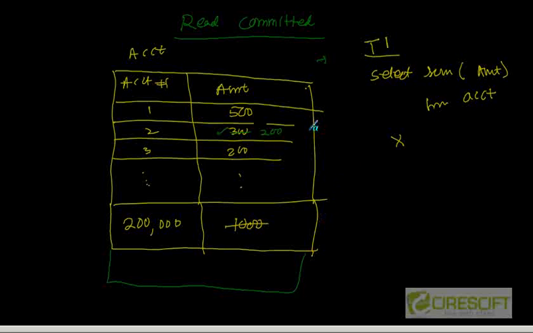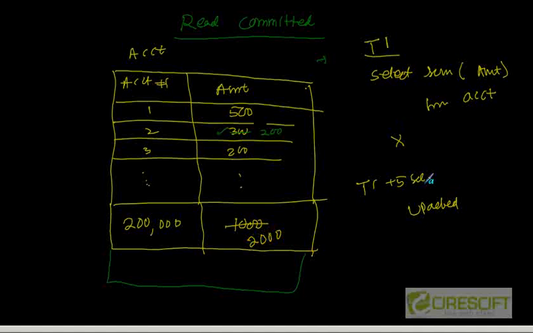Let's say at time t1 plus 5 seconds, somebody else has gone and updated. So remember, the first query is already done, and after that somebody updated something, and let's say this is updated to 2000.